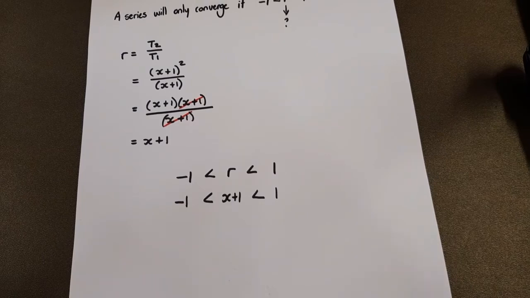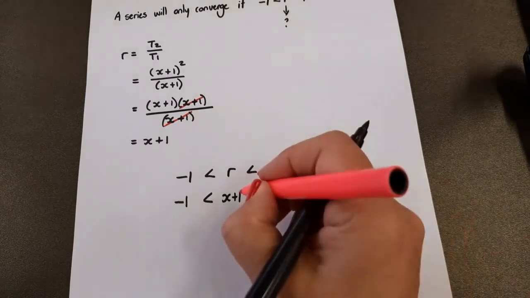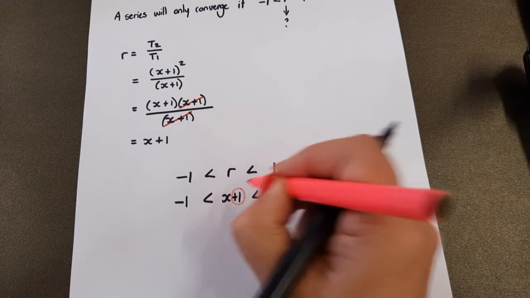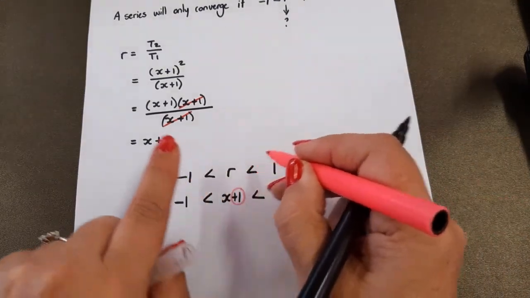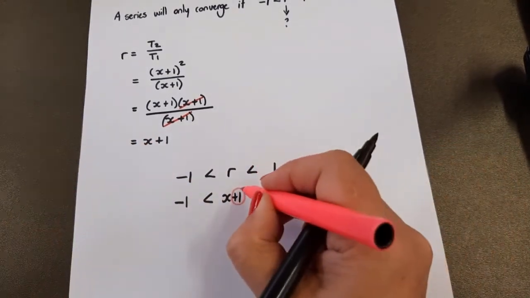In order to get x alone, we need to take this plus 1 to both sides.